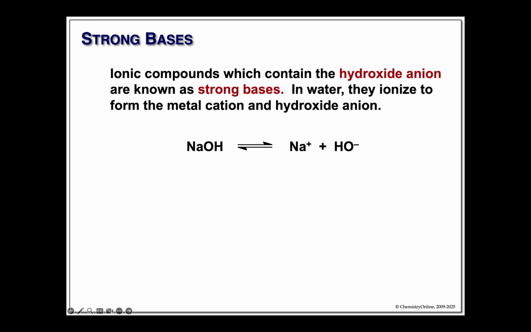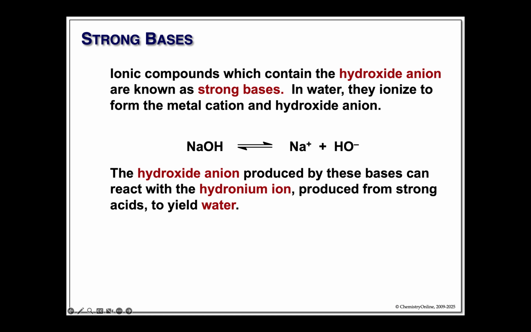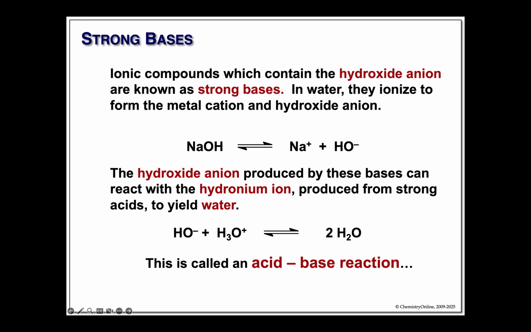Now, hydroxide anion from a strong base can react with hydronium ion. When that happens, what do you get? Well, we get water. This is an acid-base reaction. Hydronium plus hydroxide gives water. Now we know something about this reaction because we've seen it before.